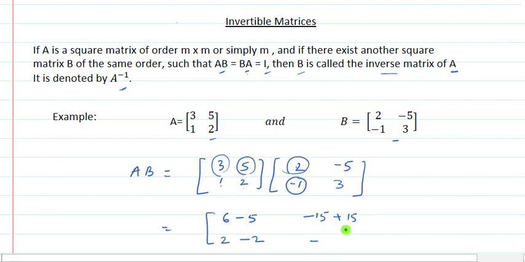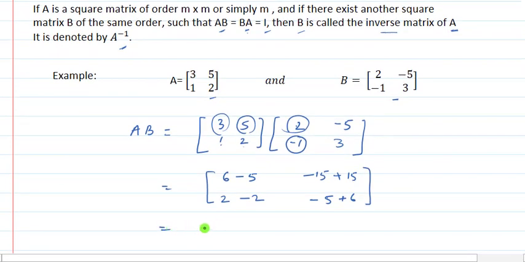Similarly, for the element A22, we are getting minus 5 into 1 plus 3 into 2, that is plus 6. So the matrix that we are obtaining is 1, 0, 0, 1, which is clearly the identity matrix, or we can say I. Let us calculate BA also.